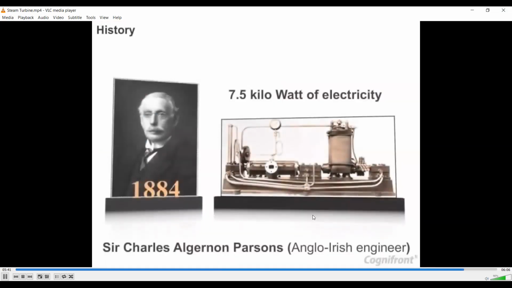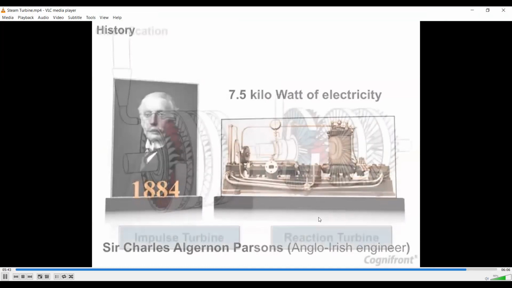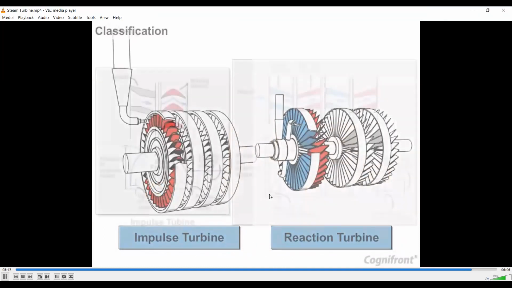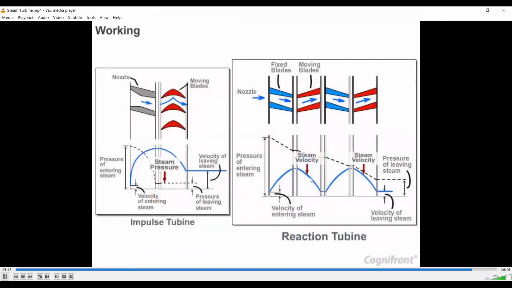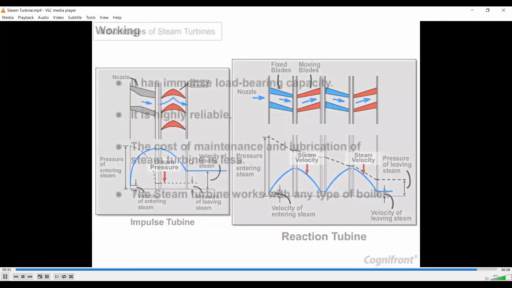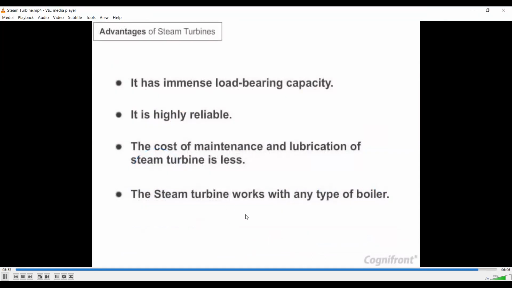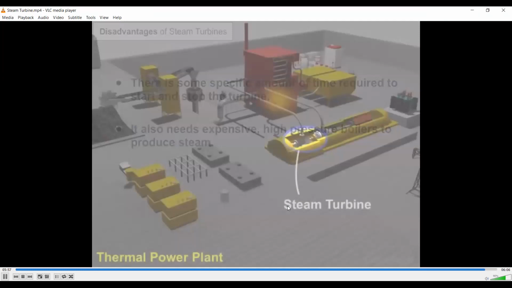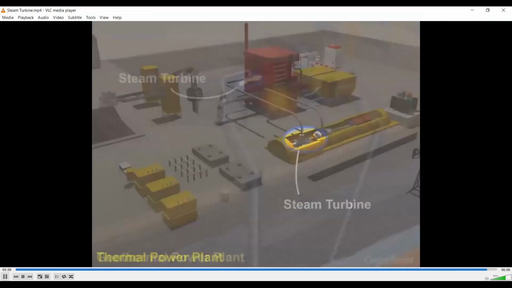So what we have covered in this complete video is first their invention, then different types of steam turbine, then their characteristics, then their advantages, then the disadvantages, and then the various applications related to steam turbines.